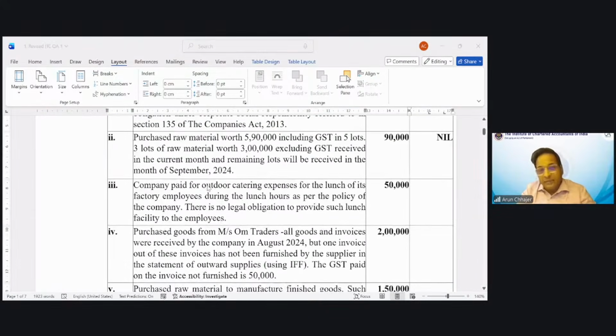Third question. Company paid the outdoor catering expenses for the lunch of its factory employees during the lunch hours as per the company policy. There is no obligation to provide such lunch facility to its employees. Give me the answer. Support it with the reason. Answer and whatever you want to say in support, kindly let me know.